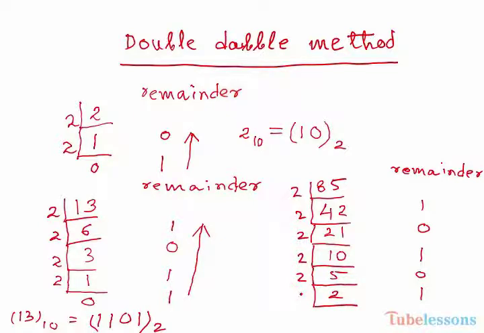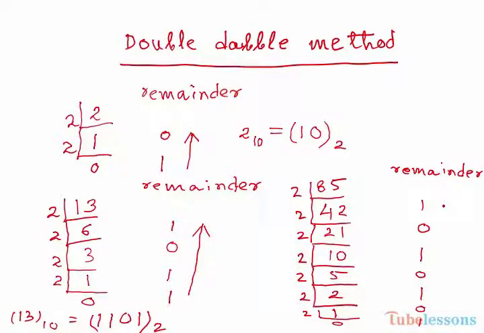Now again divide it by 2, 2 times 1, and the remainder is 0. Again divide it by 2, so here is 0 and here is 1.